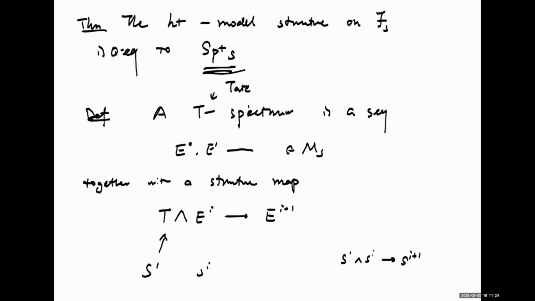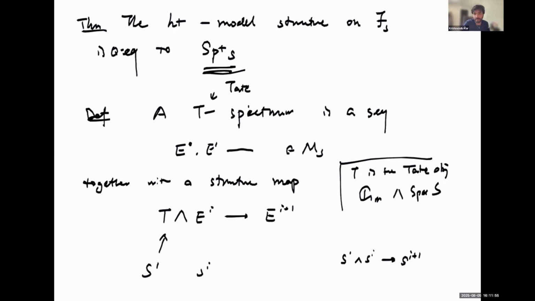And here in the category of MS, this T is the Tate object, G_m smash product with Spec of S. What's that G_m? The multiplicative group.